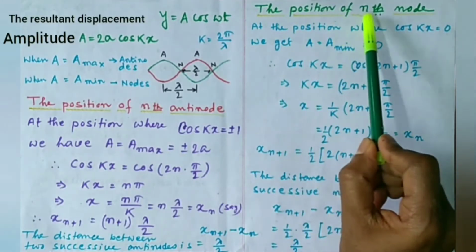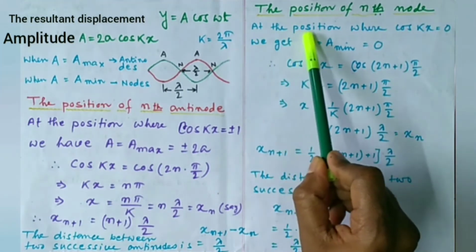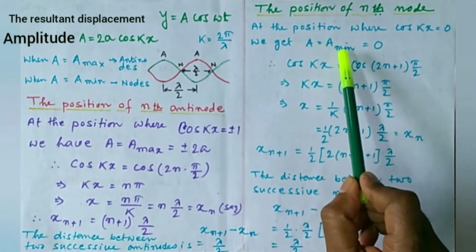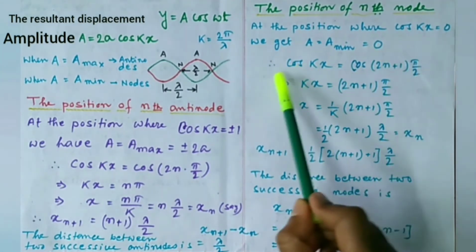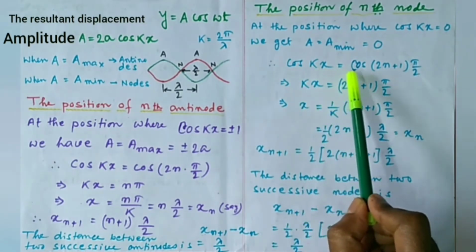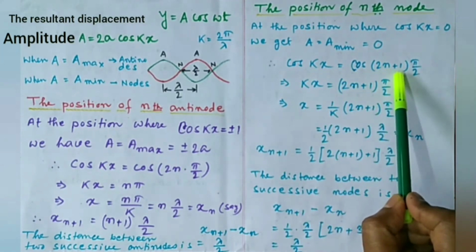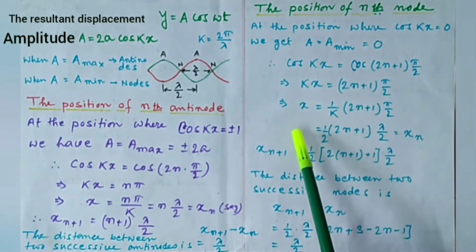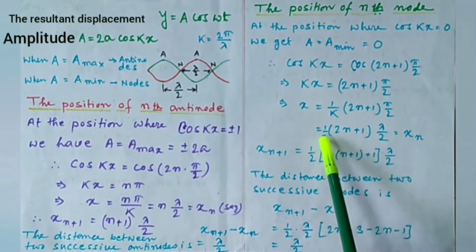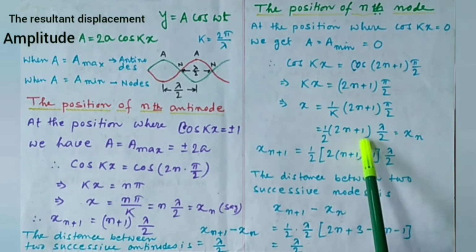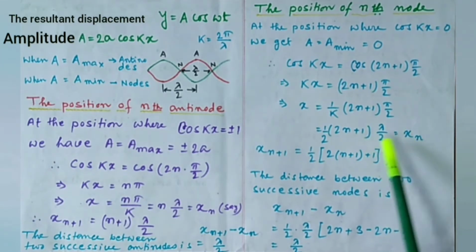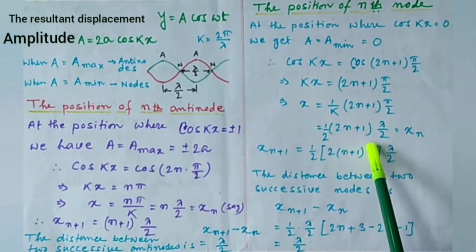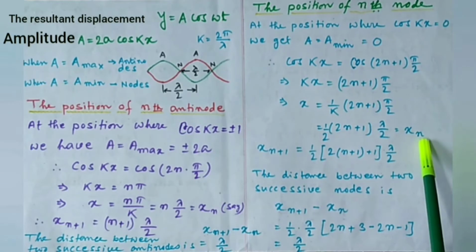The position of nth node. At the position where cos kx equal to 0, we get A equal to A minimum equal to 0. Thus, cos kx equal to cos 2n plus 1 into pi by 2, and from this expression we get x equal to half 2n plus 1 into lambda by 2, and this is the position of nth node, and we denote it by xn.